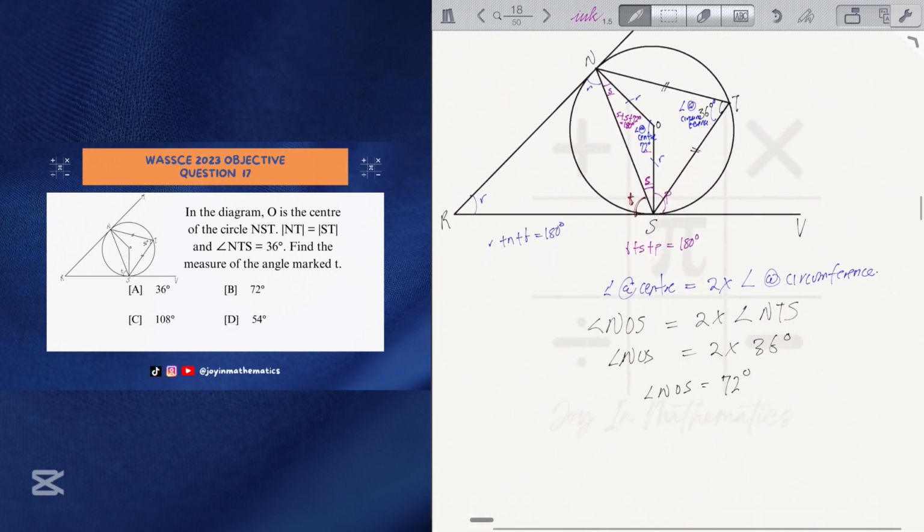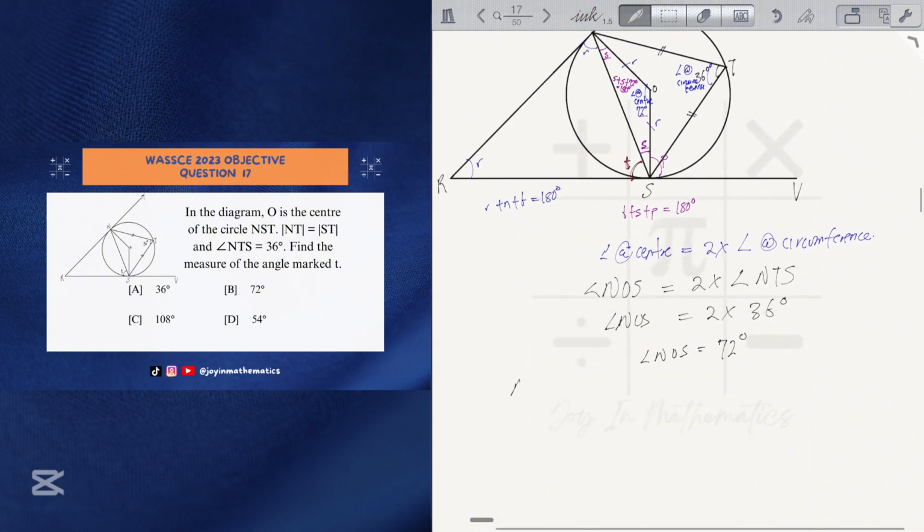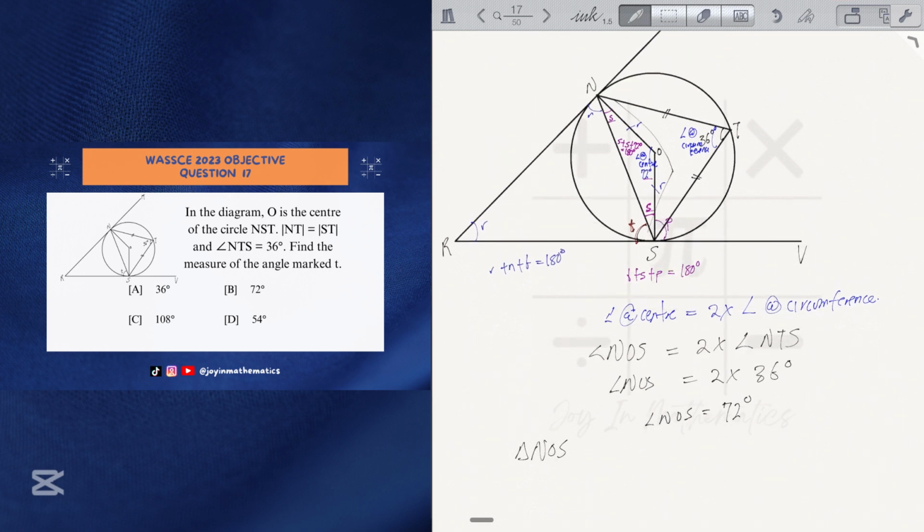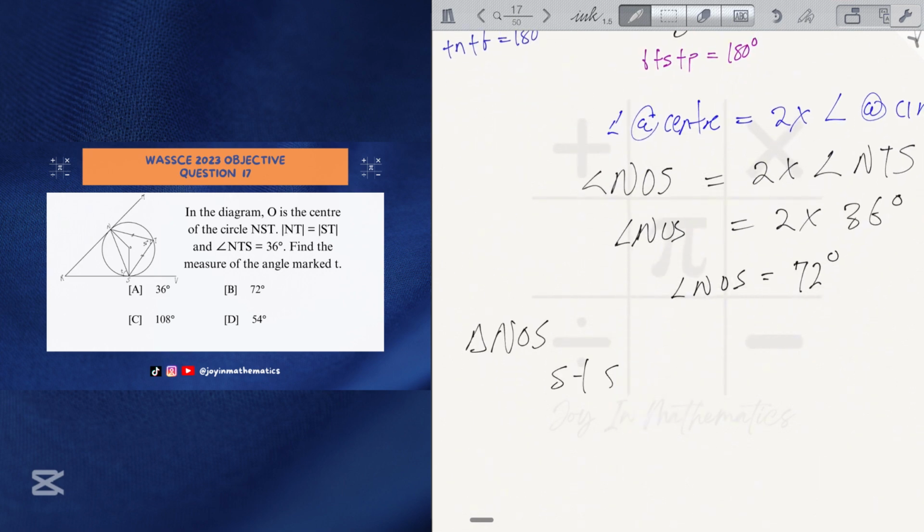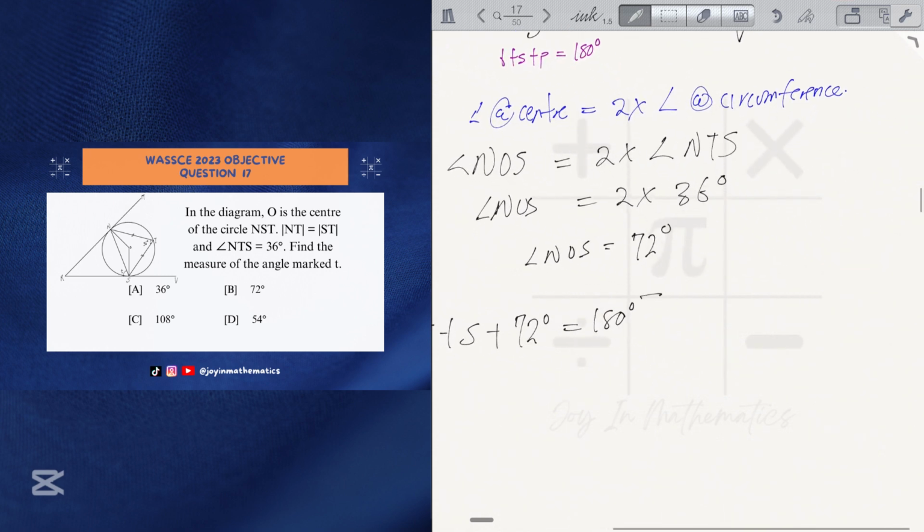So let's put it in writing. And we are considering triangle NOS. Yeah, triangle NOS. And we're saying S plus 72 degrees plus S is equals to 180 degrees. The reason is sum of angles in a triangle is equals to 180 degrees.